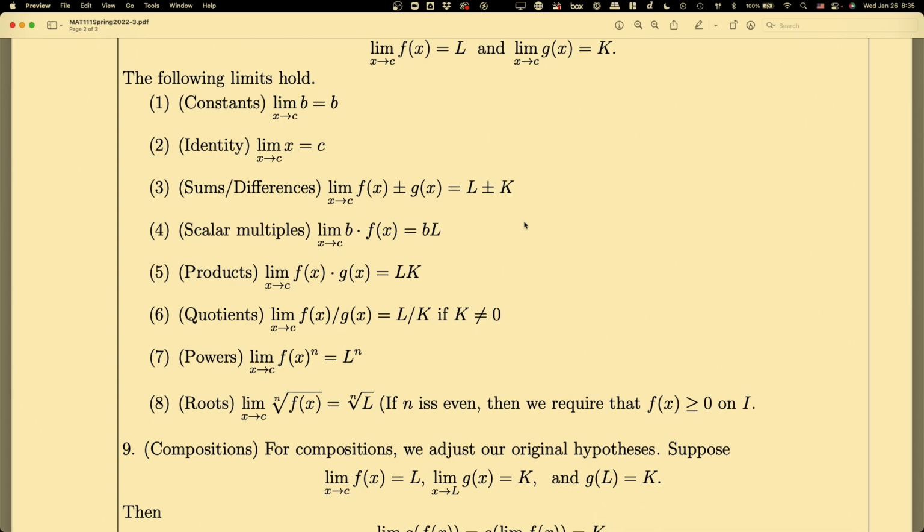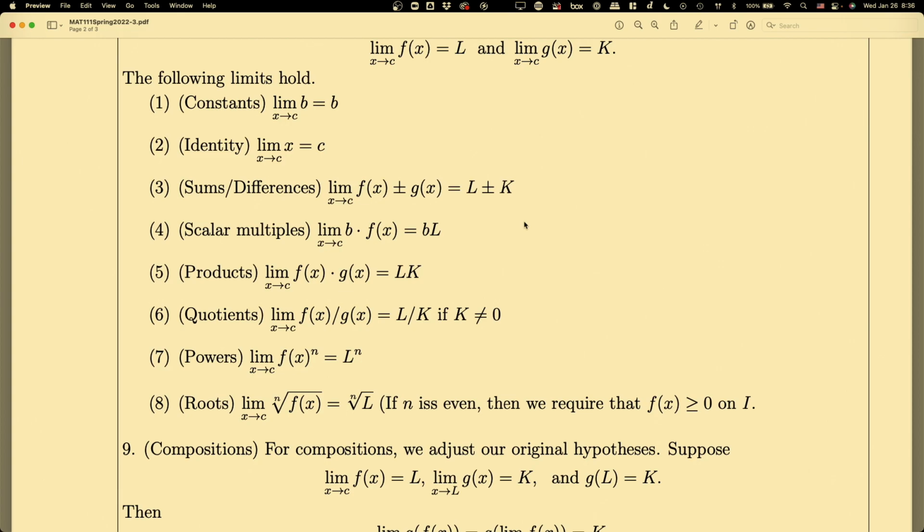Now, let's take, for example, the number 3 here, the sums or the differences. I need to have an assumption here. I have two functions, f and g, and they could be whatever functions, who knows. And I'm approaching x equals c for both of them.